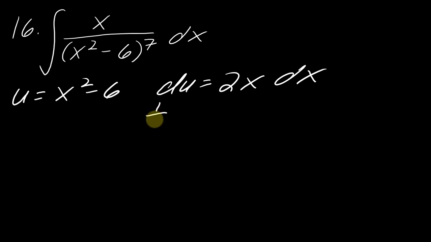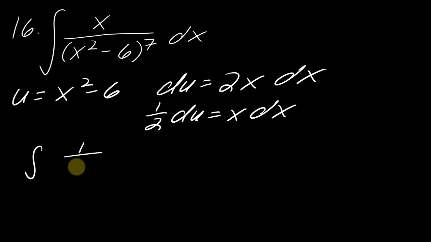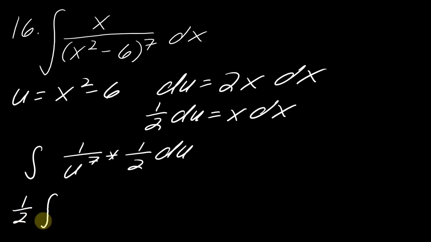So I'll have 1/2 du equals x dx. So if I substitute now, I will get 1 over u to the 7th times 1/2 du. So now I just want to restate this as 1/2 u to the negative 7th du.